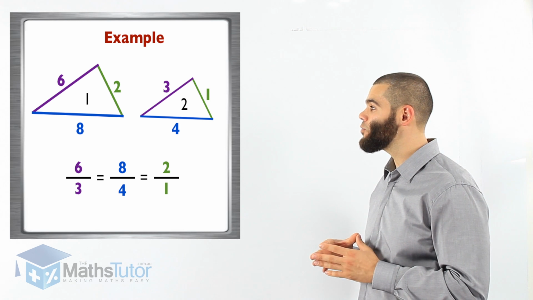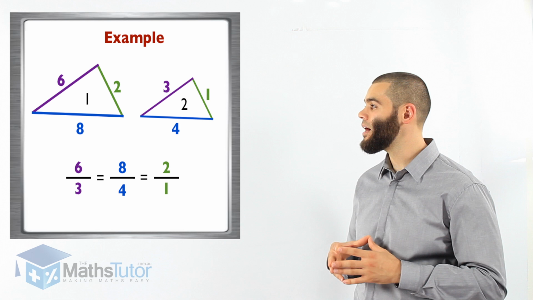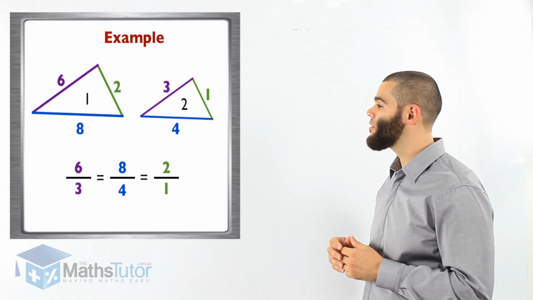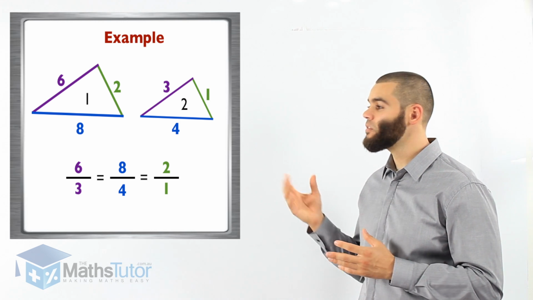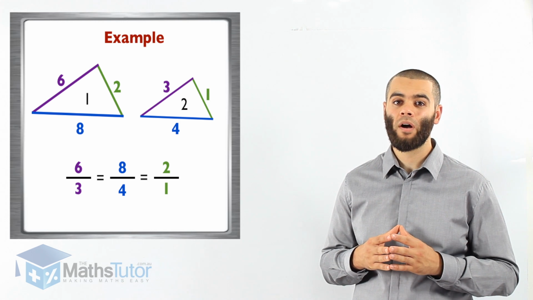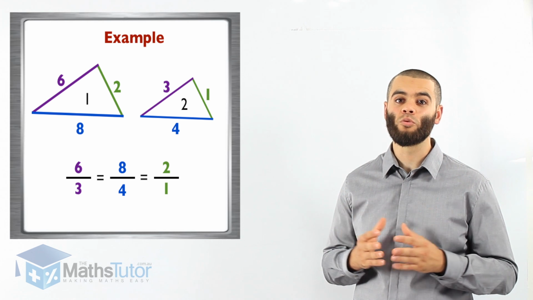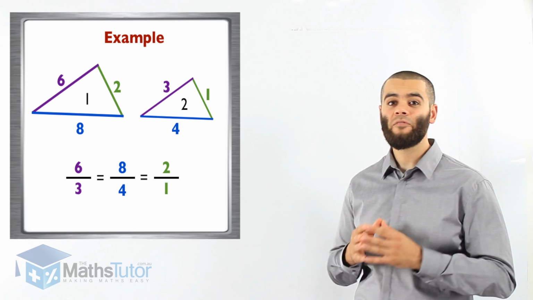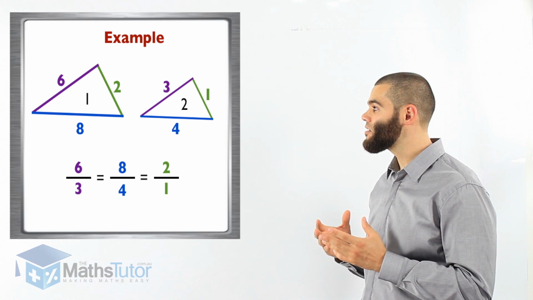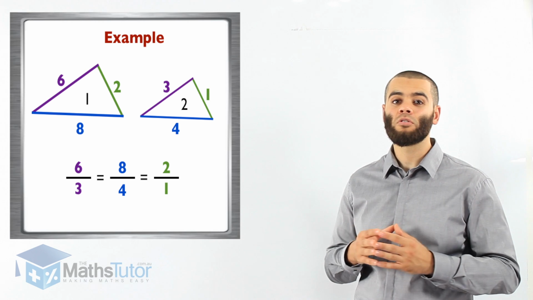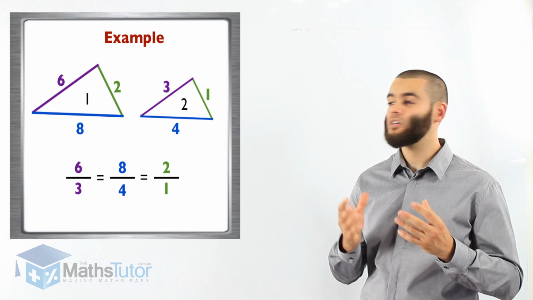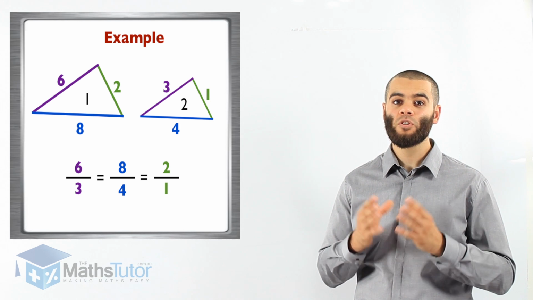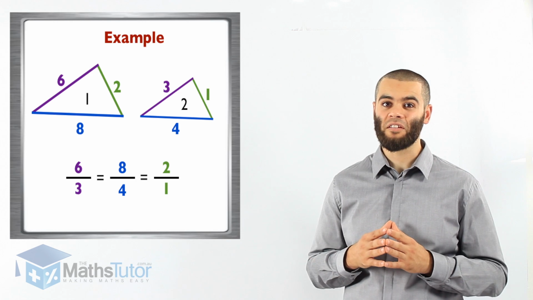And in green we have 2 divided by 1, the corresponding side from the larger triangle divided by the corresponding side from the smaller triangle. 2 divided by 1 in green also equals 2. So the corresponding sides all have the same ratio. 6 divided by 3 is equal to 8 divided by 4, which is also equal to 2 divided by 1. They all have the same ratio, which means they are similar figures.